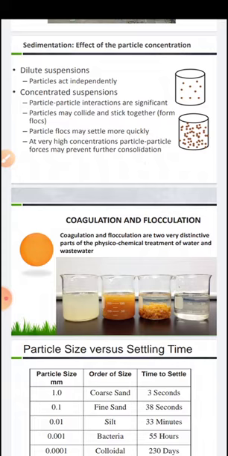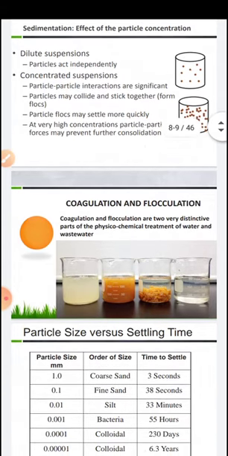The particles which are denser settle down much more easily because of their density and composition, but at the same time the colloidal particles remain suspended.